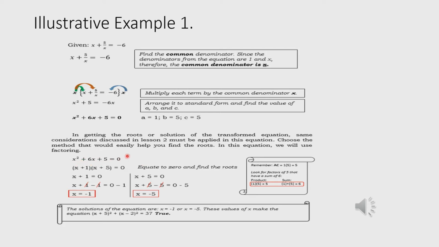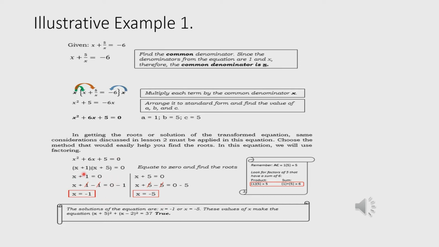We examine the quadratic equation. The factors of 5 are 1 and 5, and the sum of these is 6, so therefore factoring is the method used to find the roots.